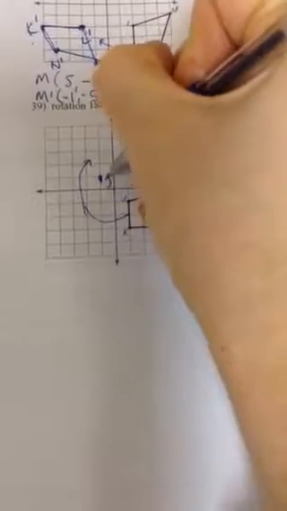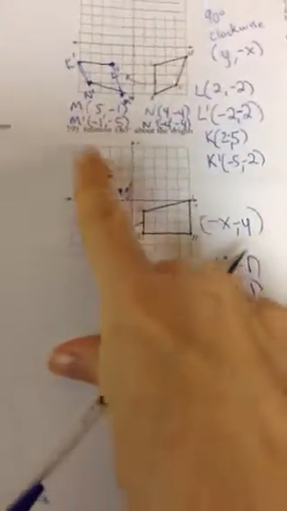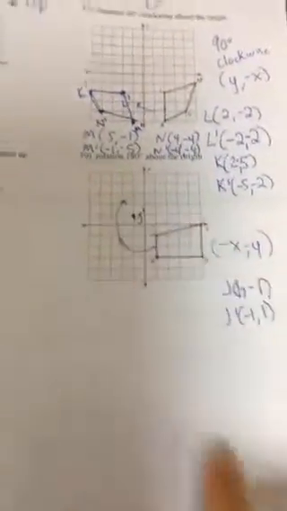So I switch the sign, and I get -1, comma, 1. So they both flip signs. And I would plot -1, and then I would go up 1. Notice how it goes where I knew it had to go to rotate 180 degrees. And then you would do the same thing for the other points.